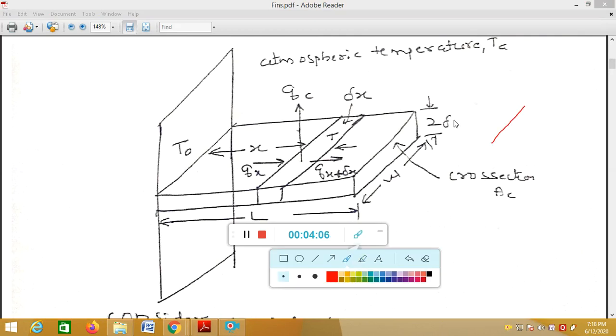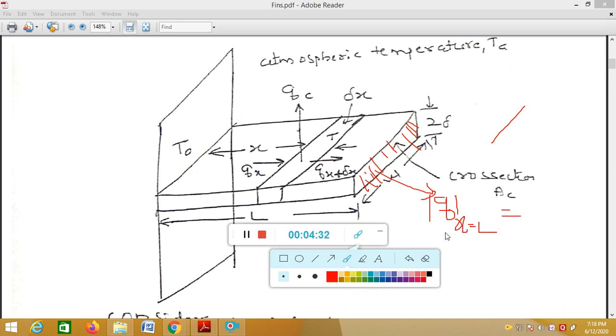The end of the fin is insulated. It means that at the tip it is insulated. That means Q at x equal to L is 0.